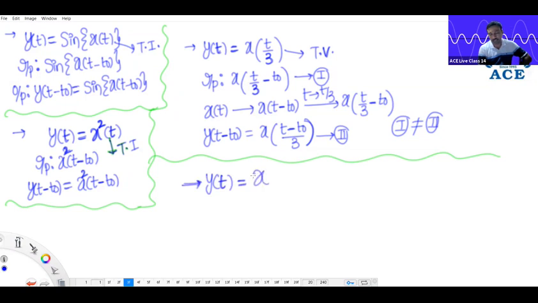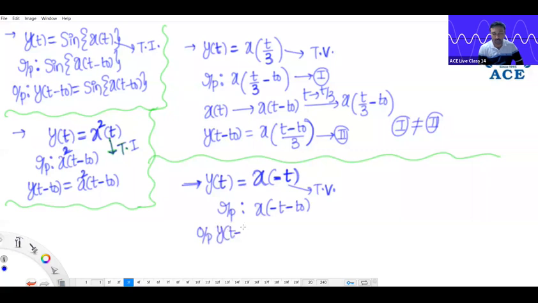In a similar way, if I ask for x of minus t, time reversal operation, it is also variant. Due to input delay, the result is x of minus t minus t naught.